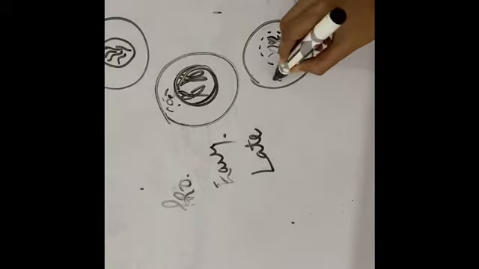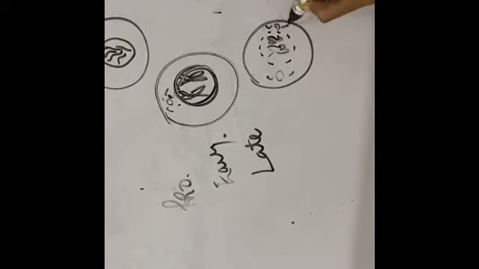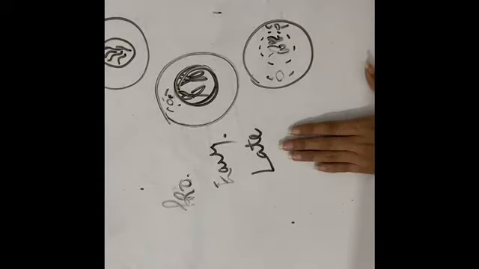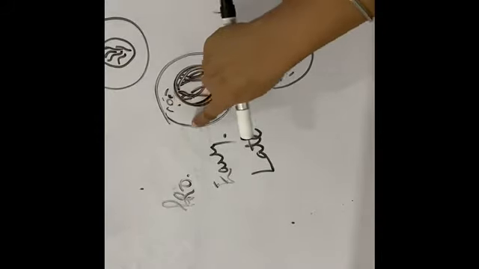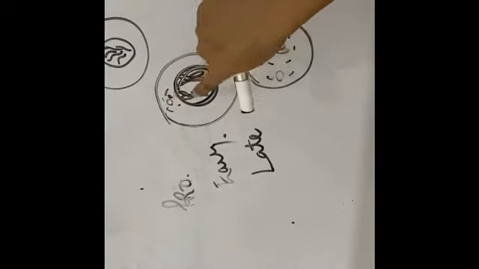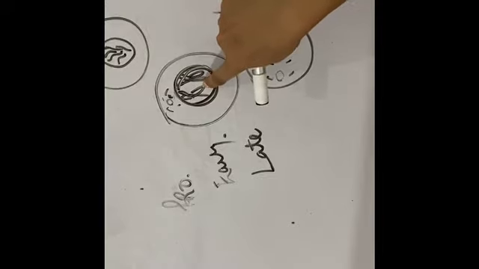Now the centrioles will reach the two opposite ends in late prophase. Got it? The same will happen in the plant cell, right? So in prophase, the centrioles start moving towards the opposite poles, chromosomes start becoming distinct, they are present inside the nucleus and the nuclear membrane starts disappearing.